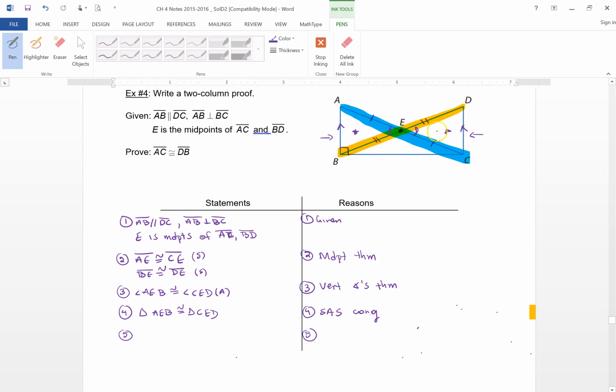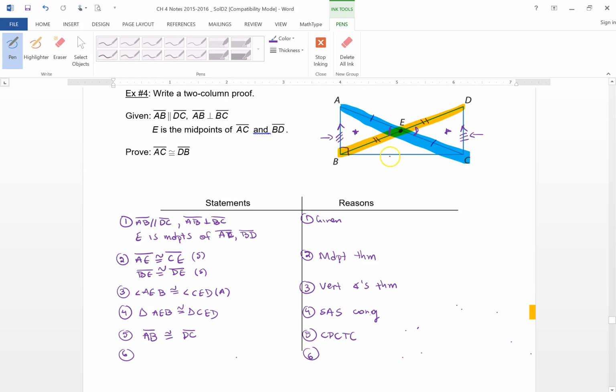If these two triangles are congruent, then the corresponding sides are congruent because of what? CPCTC. So I can now say AB is congruent to DC, CPCTC. Next.